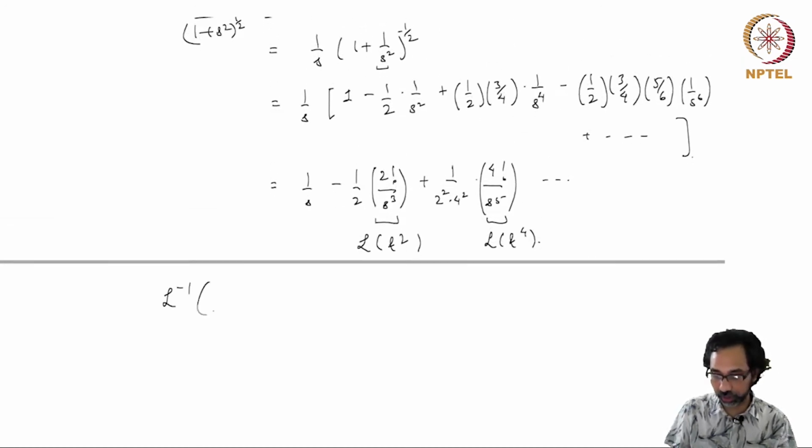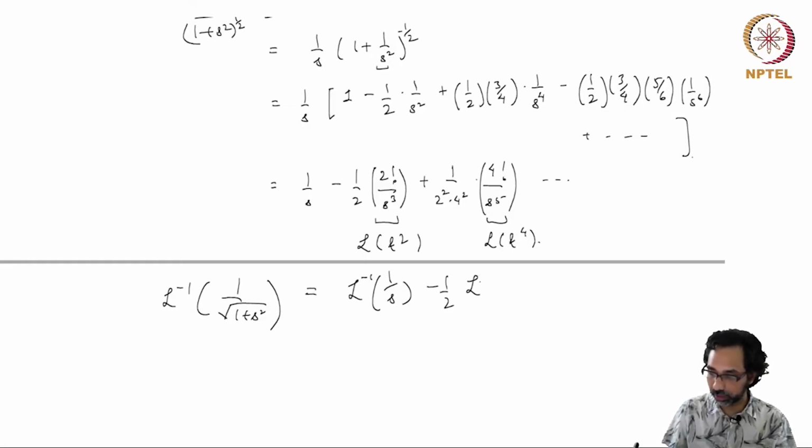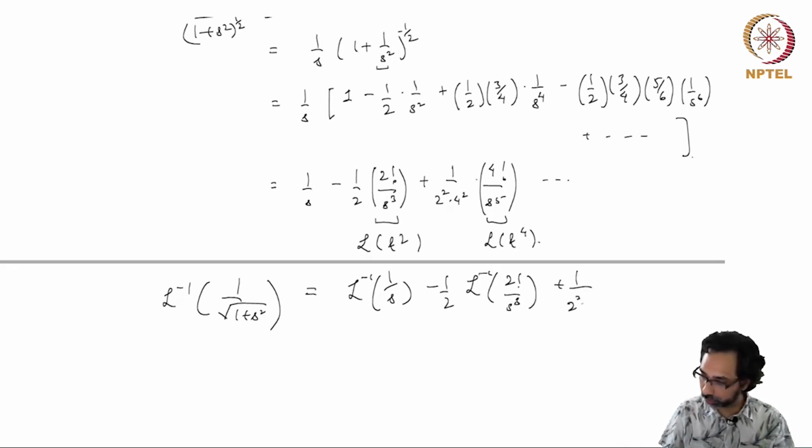So L inverse of 1 over square root of (1 plus s squared) is equal to L inverse of 1 over s minus half L inverse of 2 factorial by s cubed plus 1 by 2 squared times 4 squared L inverse of 4 factorial by s to the 5, and so on.